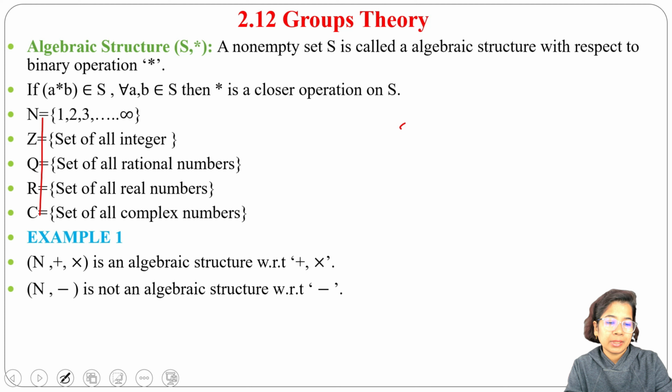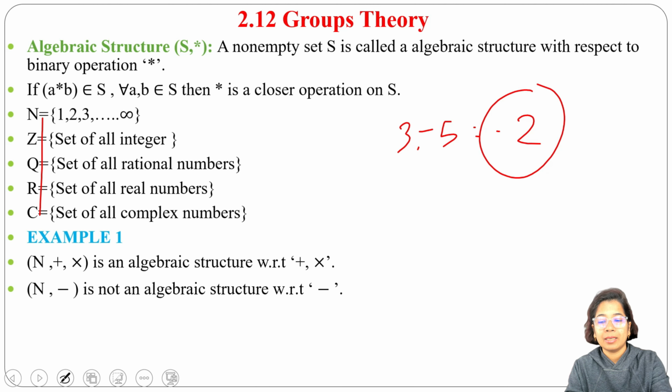Let's take an example, 3 and 5. Both are positive integers. Now 3 minus 5 is minus 2. Minus 2 doesn't come under N. N contains all the positive numbers, as minus 2 does not come under N, hence it is not closure. So minus operation is not closure on N.